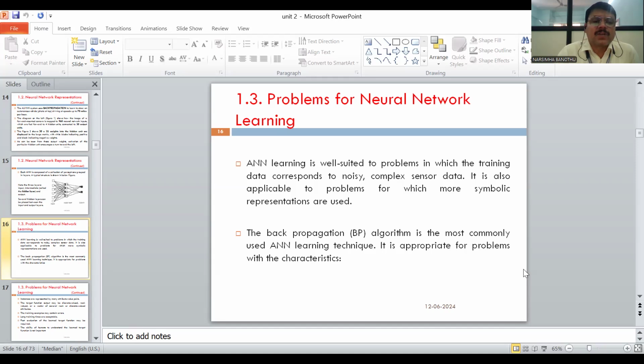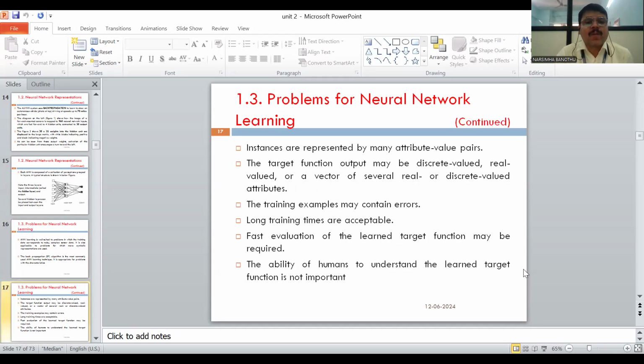Problems for neural network learning. Neural network learning is well suited to problems in which the training data corresponds to noisy, complex sensor data, right? It's also applicable to problems for which more symbolic representations are used. The backpropagation algorithm is the most commonly used ANN learning technique. Here it is appropriate for problems with the characteristics we can observe here.